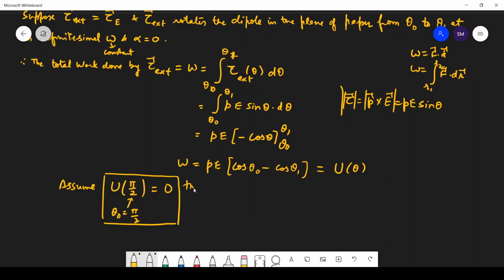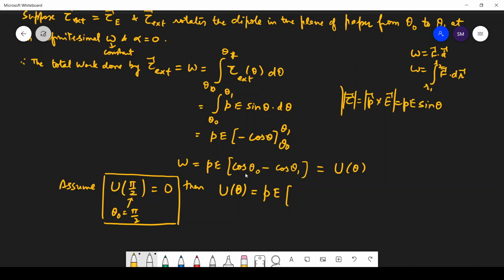So then the potential energy, which depends on theta, will be equal to PE, and I am taking this theta naught as pi by 2.